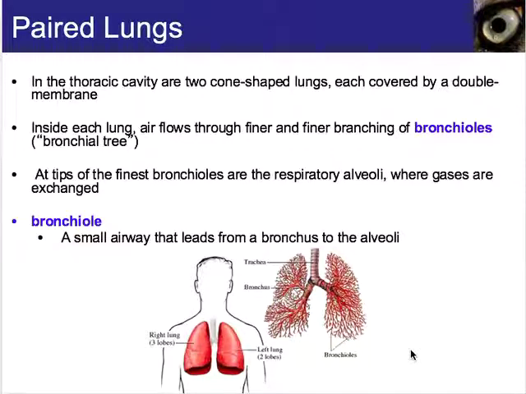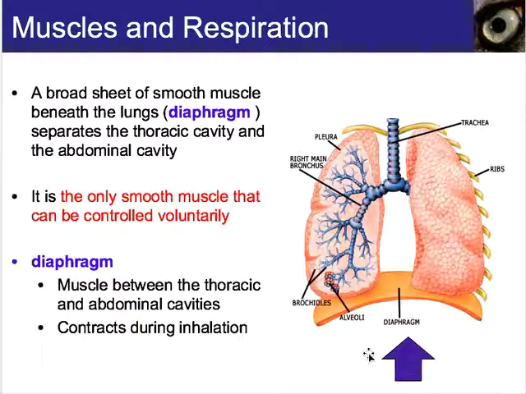So you go from trachea to bronchi to bronchioles. At the tips of the finest bronchioles are the respiratory alveoli, which were those berry-shaped things I showed you earlier, and that's where gases are exchanged. So bronchioles are small airways that lead from the bronchus to the alveoli. So they're literally the middlemen between the bronchus and the alveoli.